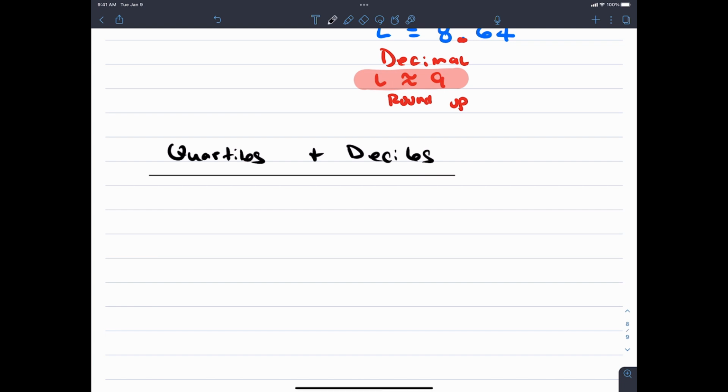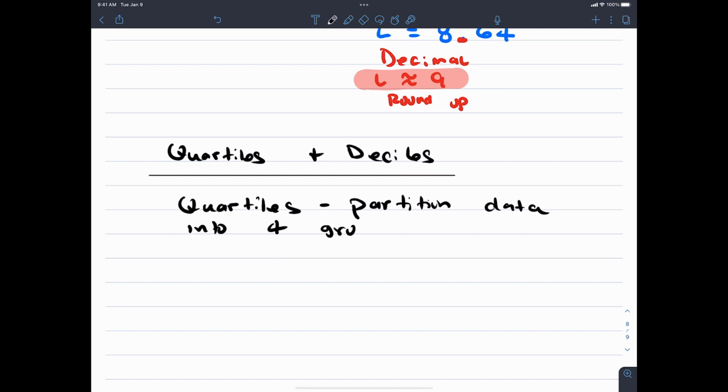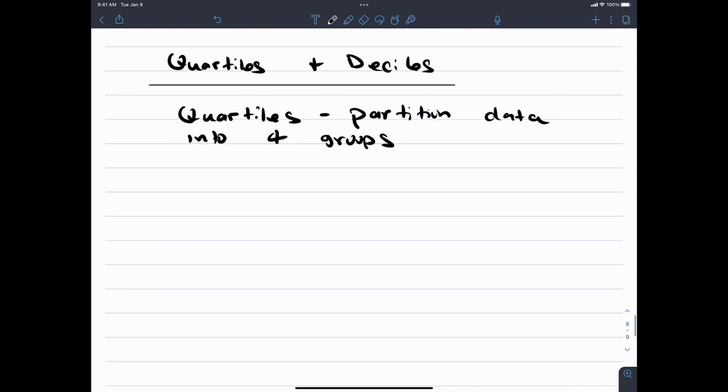But what I'm going to say to you guys, when you're working with what's called quartiles, that's when you partition data into 4 groups. Okay? Quartiles are when you partition data into how many groups? 4 groups.